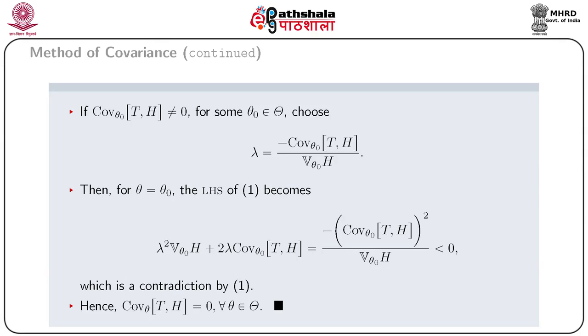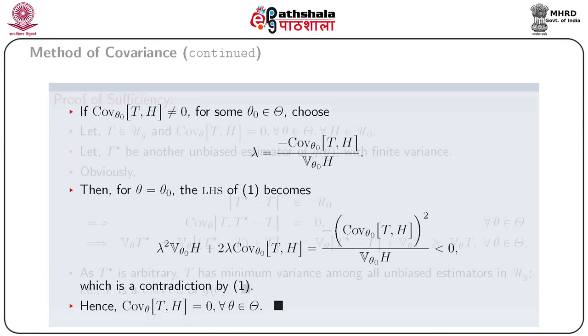This contradicts 1 for theta equals theta naught. Hence, covariance of T comma H is equal to 0 for all theta belongs to Theta.